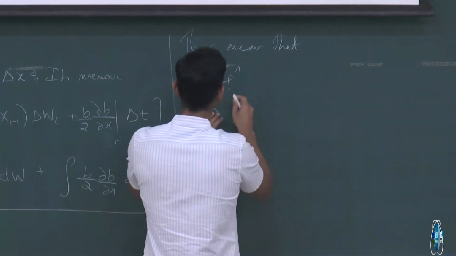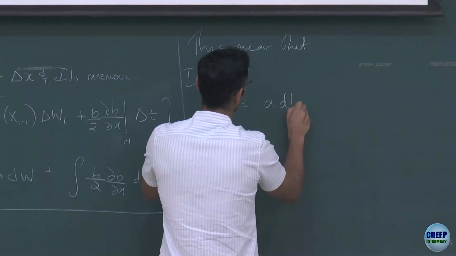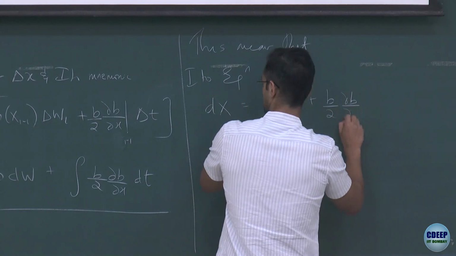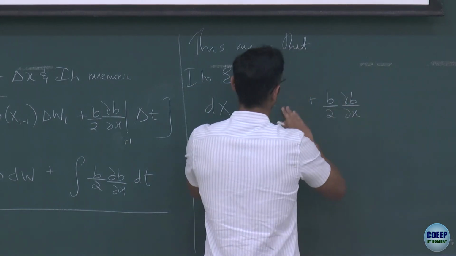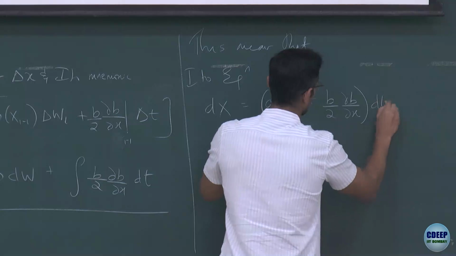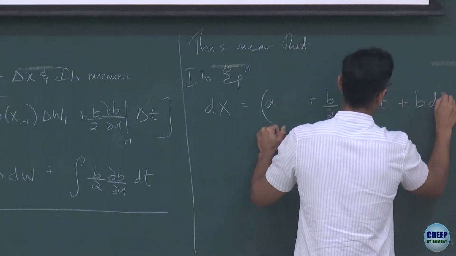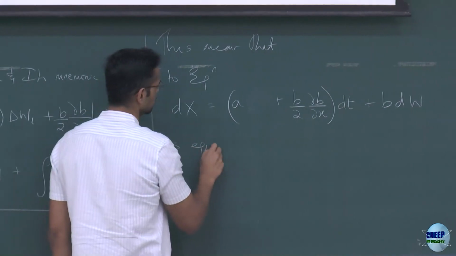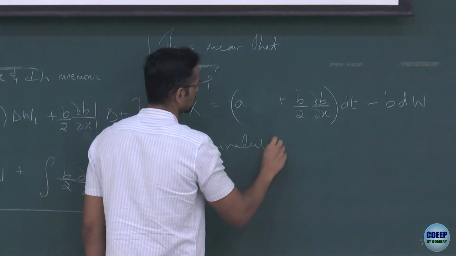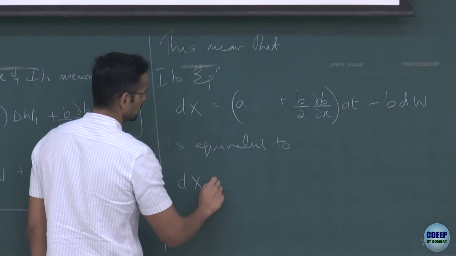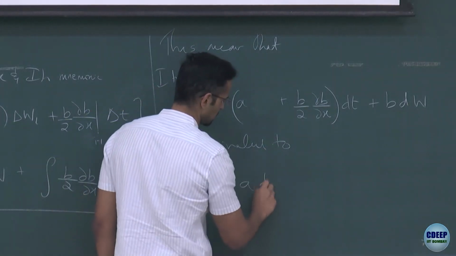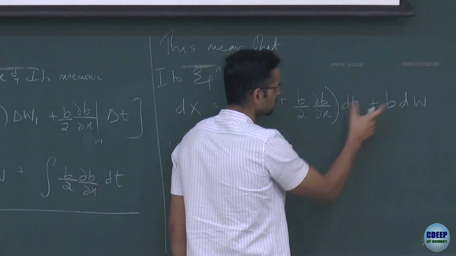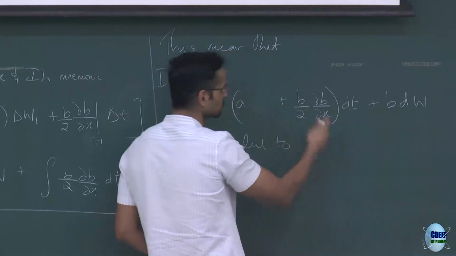So if I consider an Ito equation which has an extra drift, that this is equivalent to, so I can merge these two, which again is just notation for integrals.